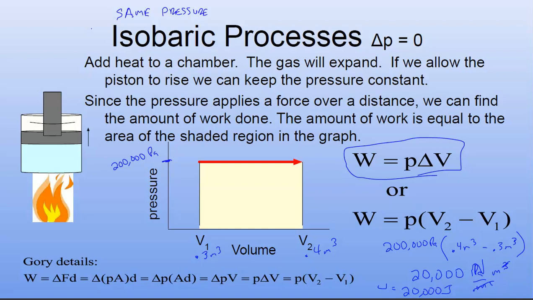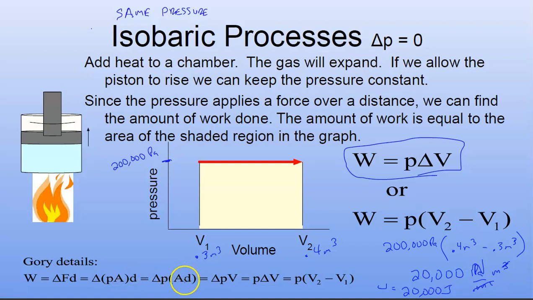Down here are some of the gory details of where that work equals pressure times the change in volume comes in. Work equals force times distance. Remember that force is pressure times area. If I take that A and scoot it over with the D, then it would look like that.